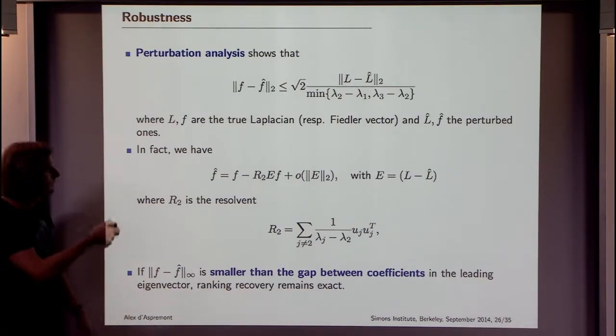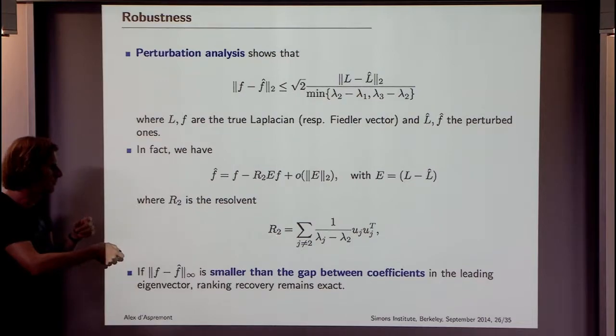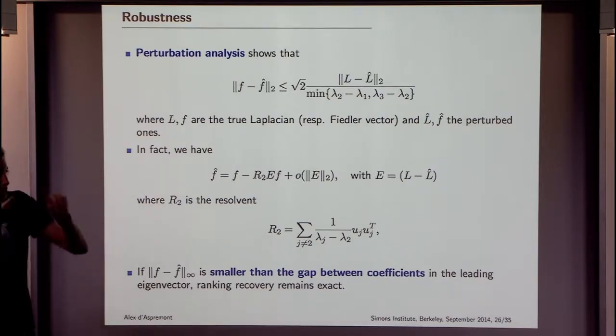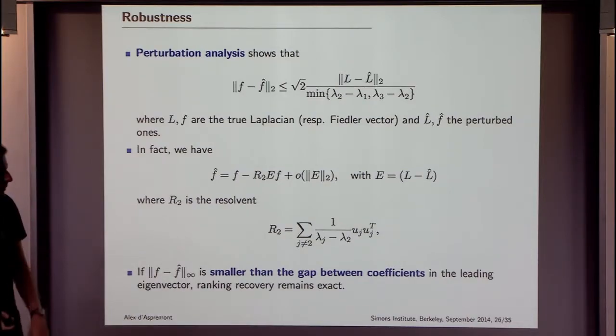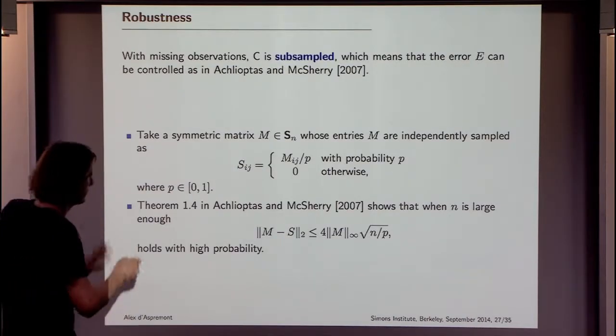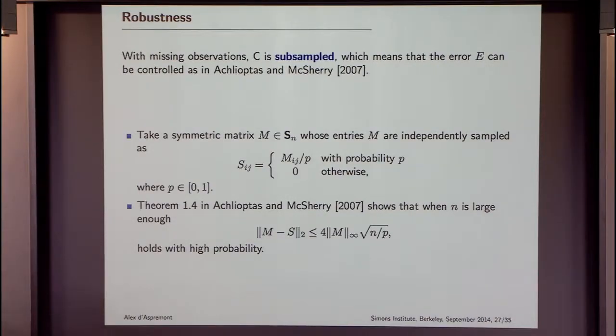And so that means that if the error in the Laplacian is small enough, whatever this error is, you get exact recovery. So this simple perturbation analysis shows you that there's a region around the true matrix where you get exact recovery.